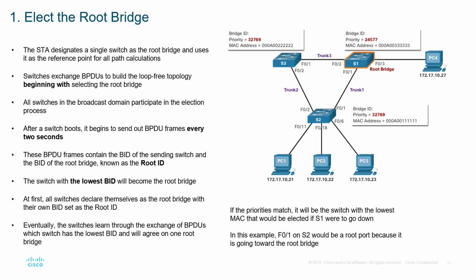So if switch 1 were to go down, the other two in this example would have to go with the lowest MAC address. So switch 2 would become the new root bridge because its MAC address is less than that of switch 3.